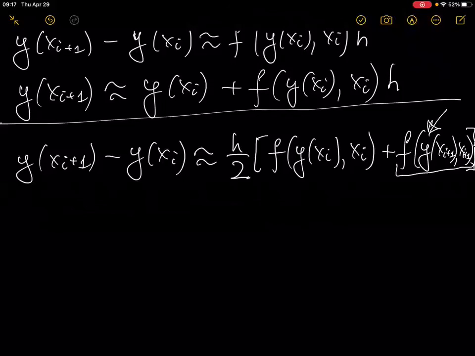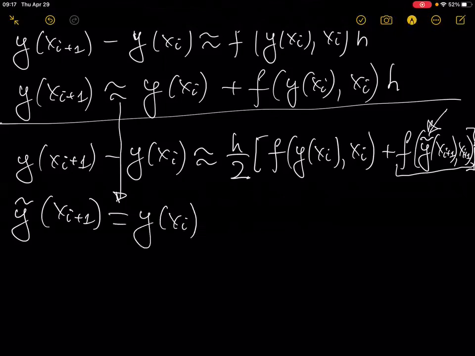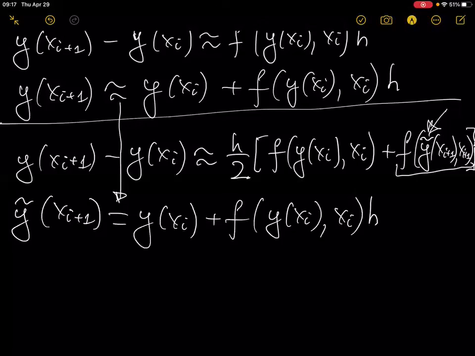But what you can do, let us consider this to be y tilde, an approximation. And for this approximation, let us use Euler's method. So this is how you get the next order method.